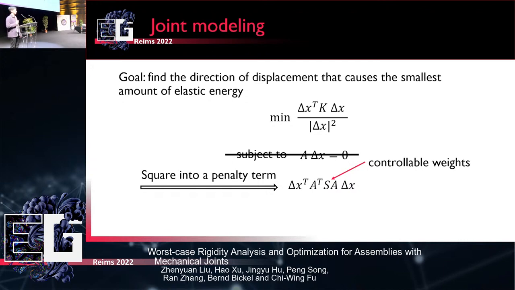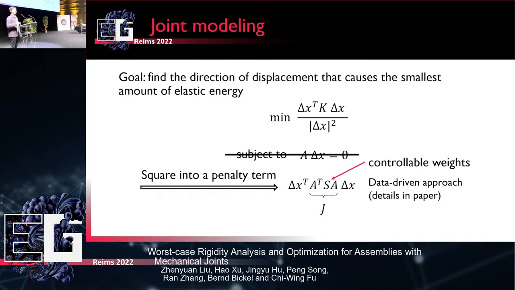But if it's small, approaching 0, the corresponding joint is very soft and easy to deform. Because we have weights here, it's very important how we choose the appropriate weight. We have a data-driven approach presented in our paper so that we can match the simulation with the physical experiment. If you want to know more details, please check out our paper.